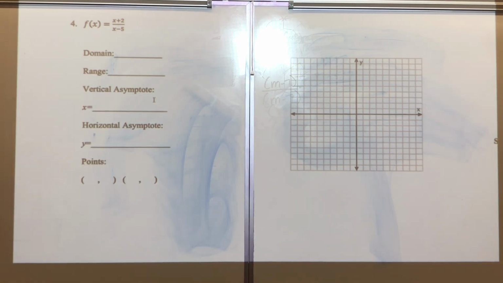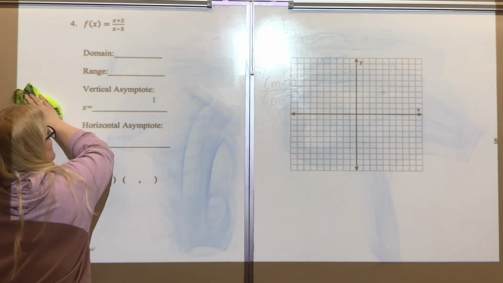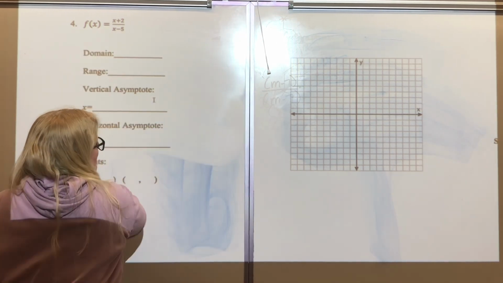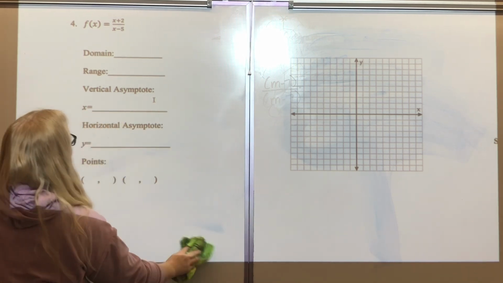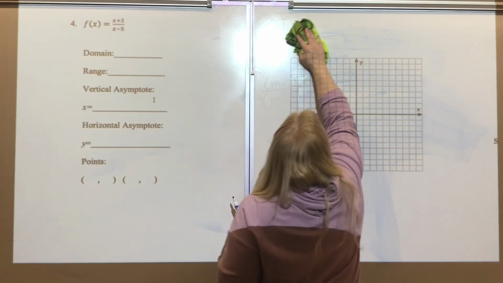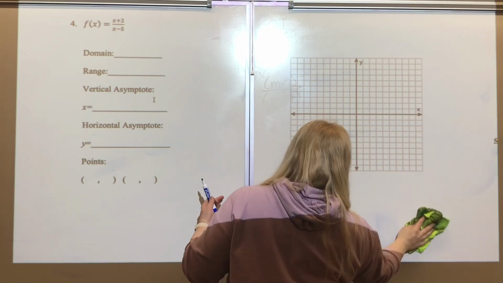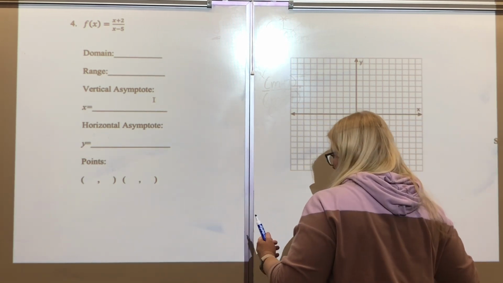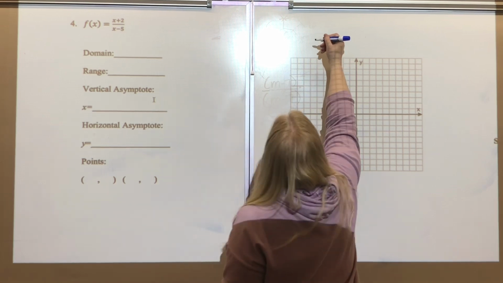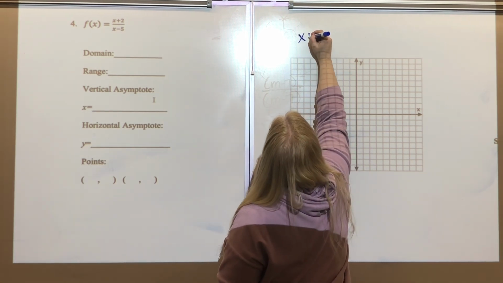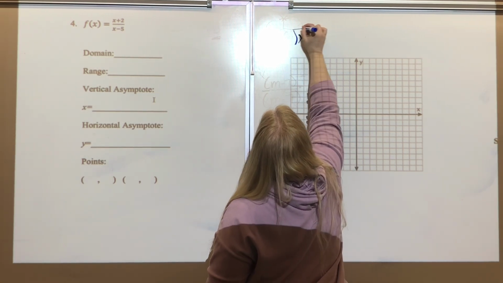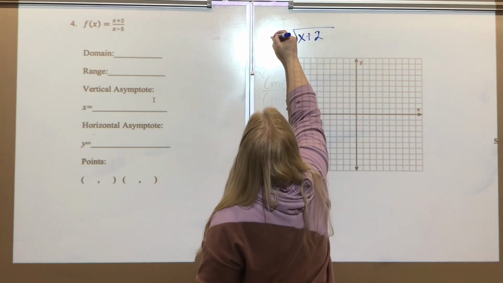All right, so number 4, we have a similar problem. And again, you can find the asymptotes looking at it in this form, but it does ask you to put it in the other form. So I have x plus 2 divided by x minus 5.